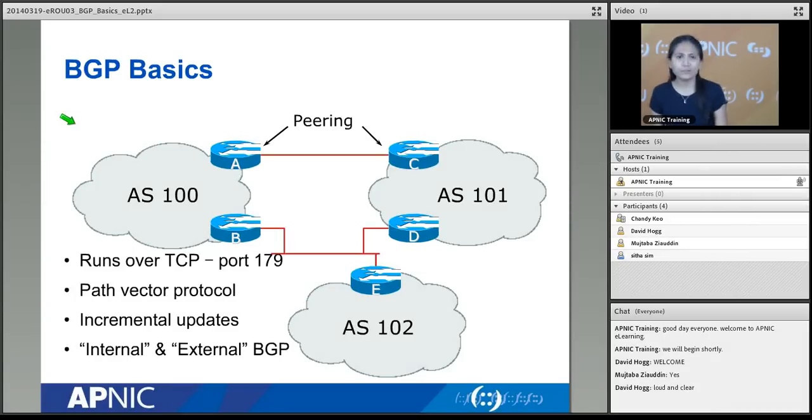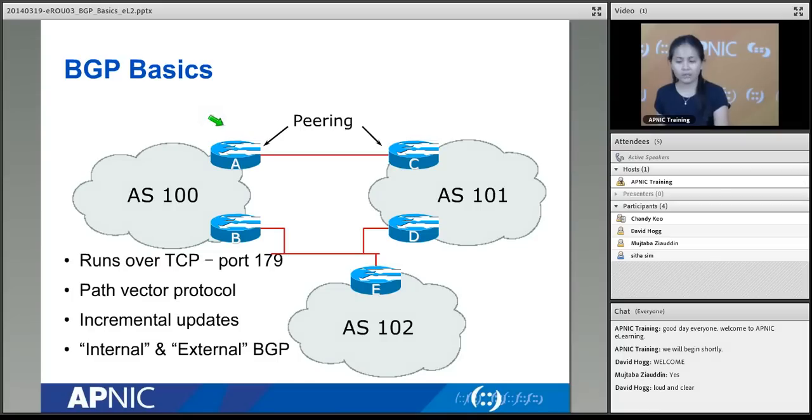This is quite a good example: BGP speakers in AS100 and AS101. You'll notice that for AS100 we have two BGP speakers, for AS101 we have two BGP speakers, and one for AS102. We said that in order to talk BGP with another router, it has to be between two border routers which are directly connected to each other.